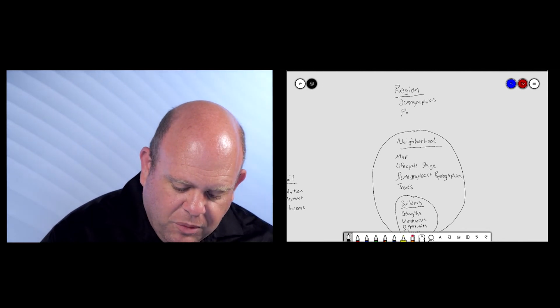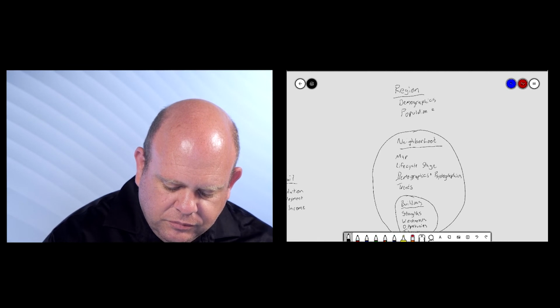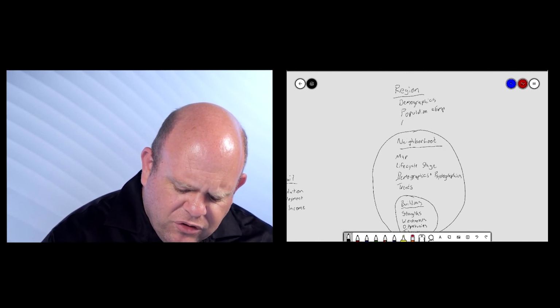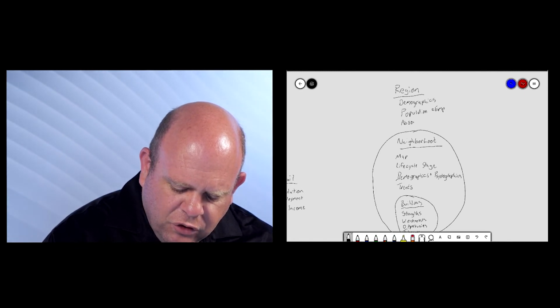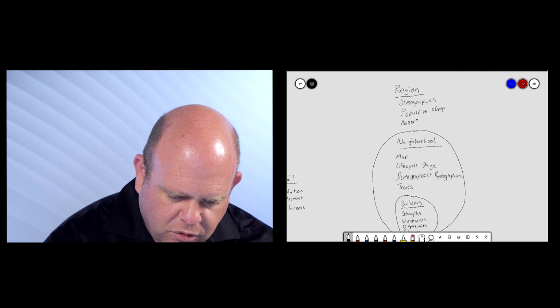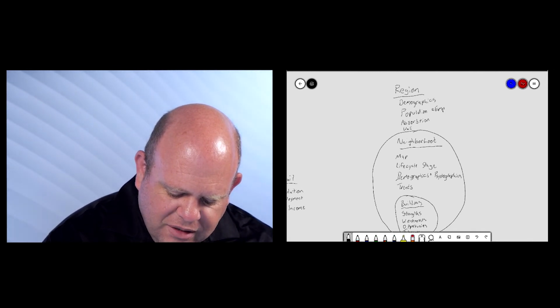Particularly we want to know what the population's doing and employment. We want to know what's the general absorption of new construction or properties becoming vacant. What's the normal vacancy?